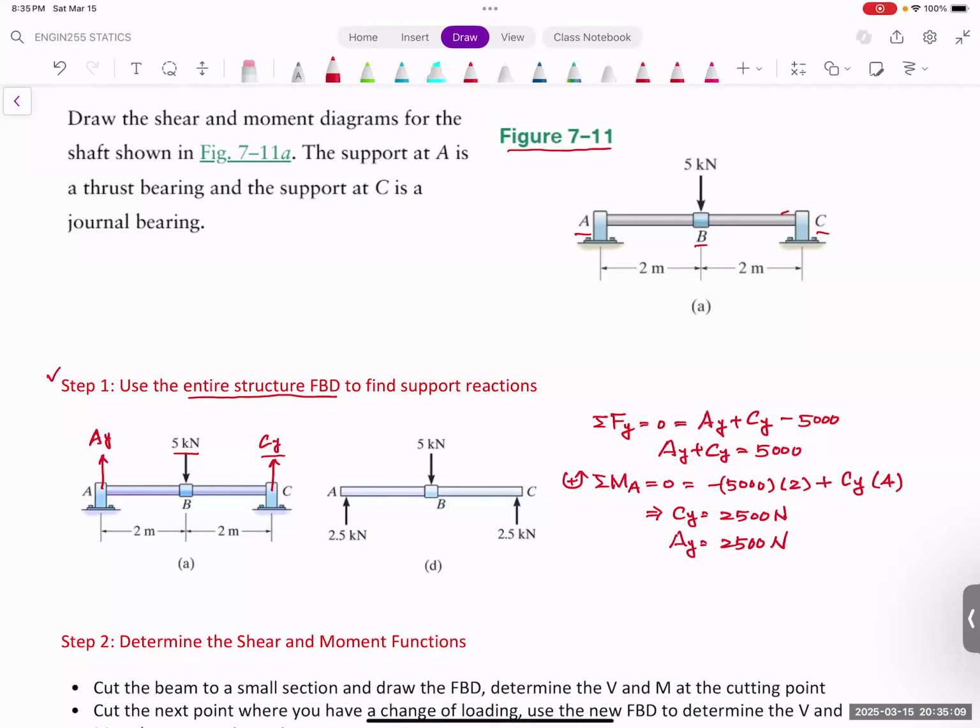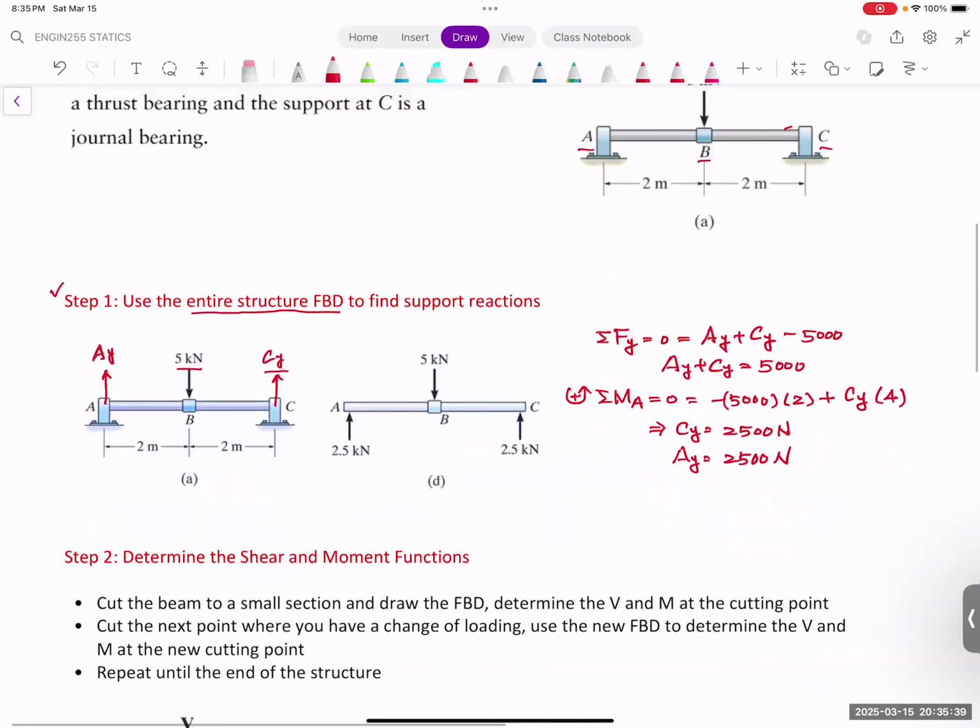Because when you have a value, an N value at some position, that will make changes in your diagram. That means at that point, you're going to suddenly change the value of the shear force, and you will probably change how the bending moment looks like as well.